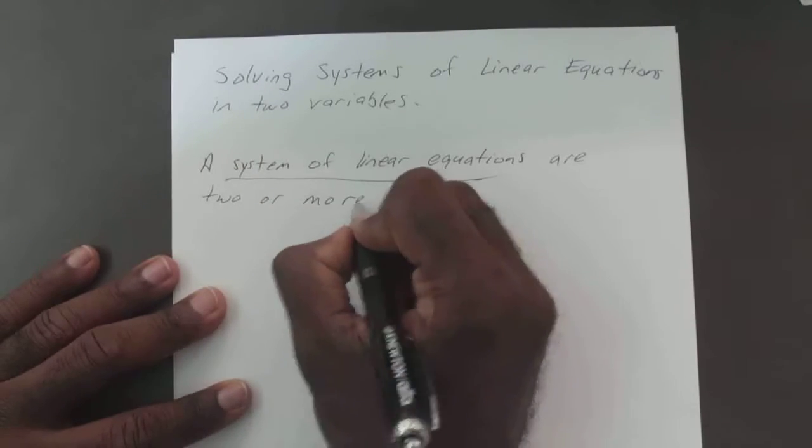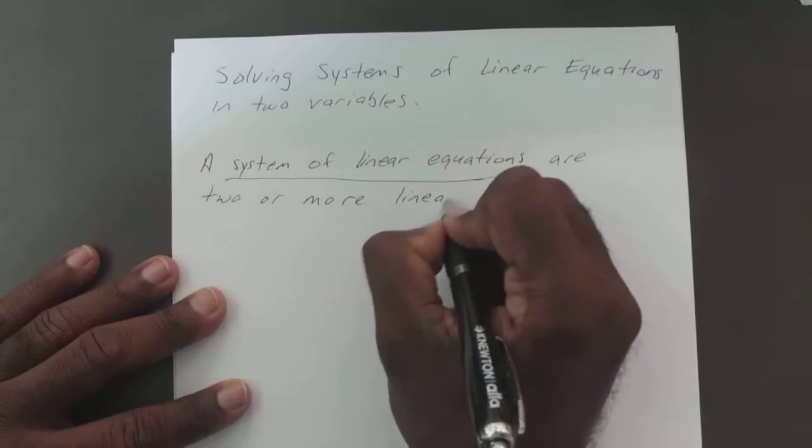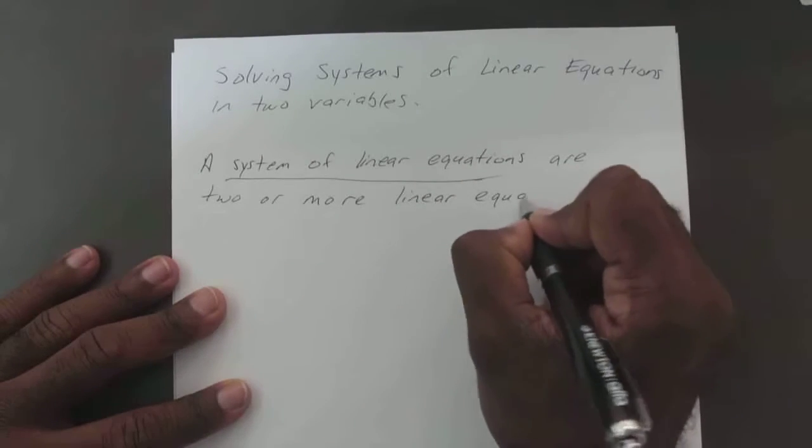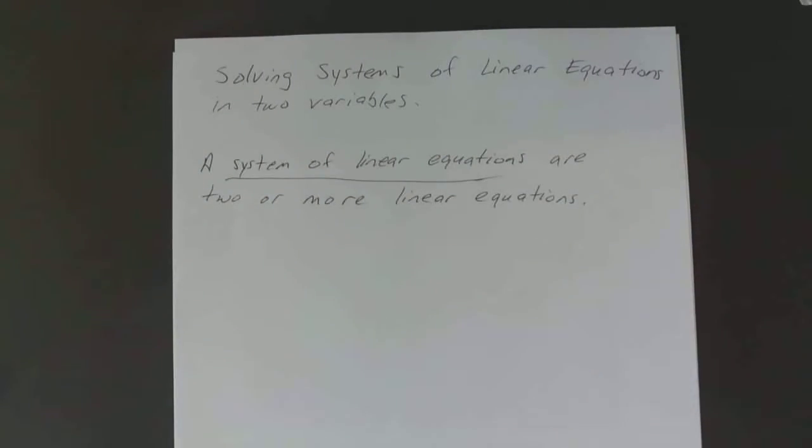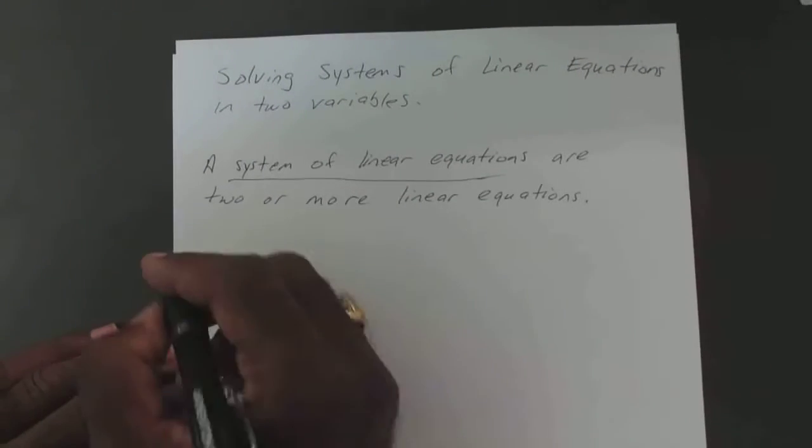Two or more linear equations. Now a solution is just where you have the same ordered pair that will solve both equations.